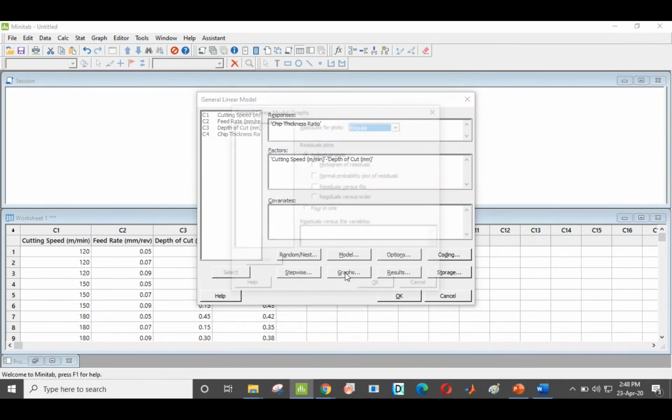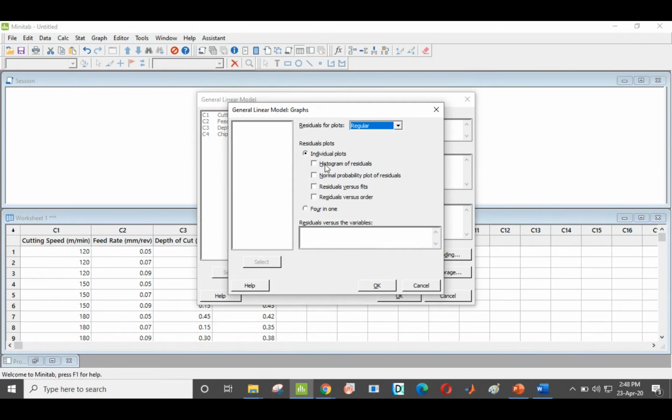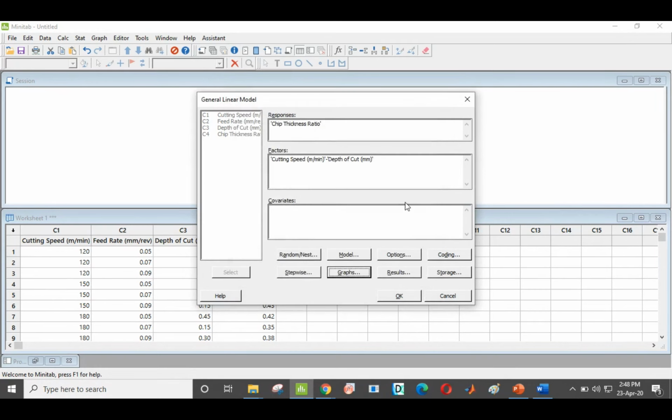And graphs, click on graphs. If I want any plots, I can give. Then I can go with the four-in-one graph. This is also possible. Then okay.